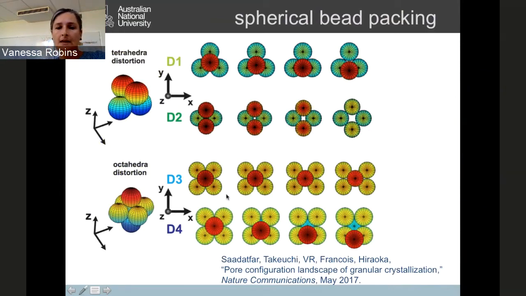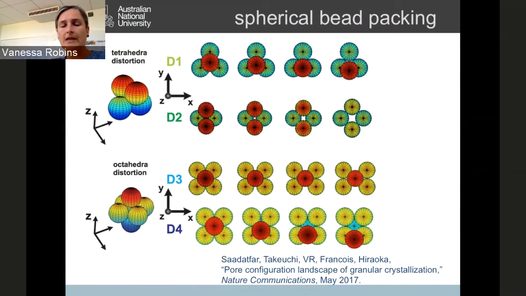And then the octahedral deformations, this D4 one is where you've got a regular octahedron and you just roll one bead across the top. And in D3, we've got another symmetric deformation where the top bead and the bottom bead push down, and the square in the middle here deforms into a rectangle.